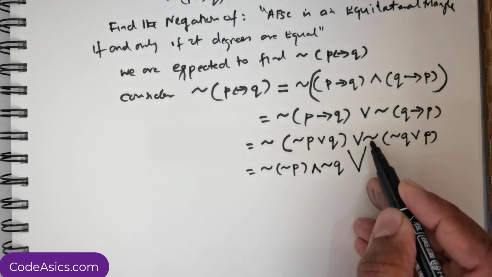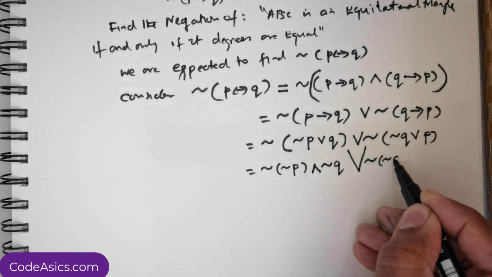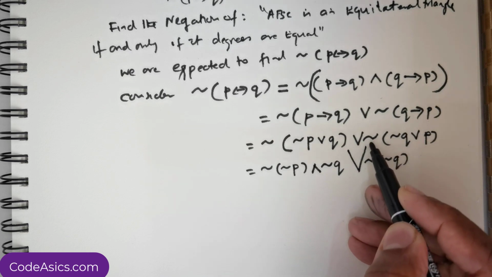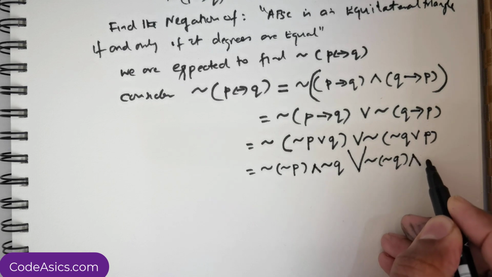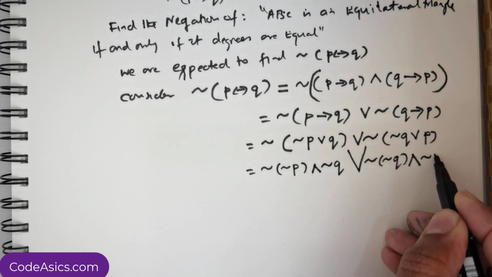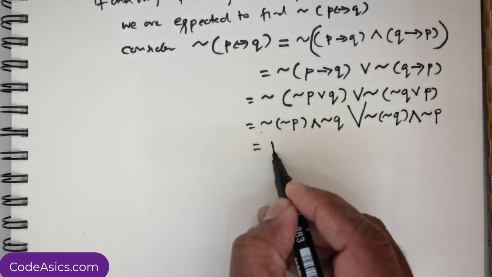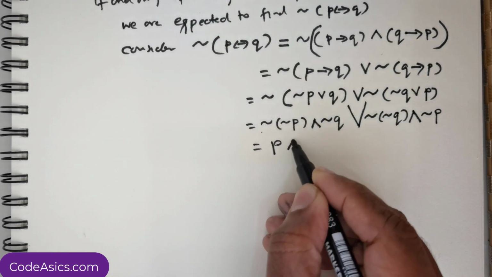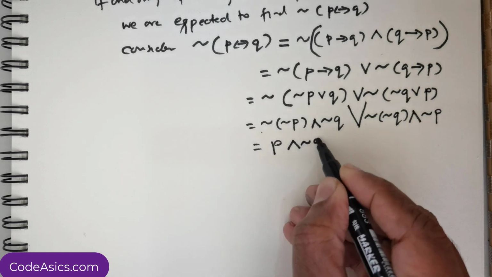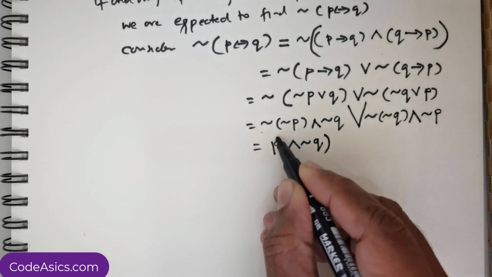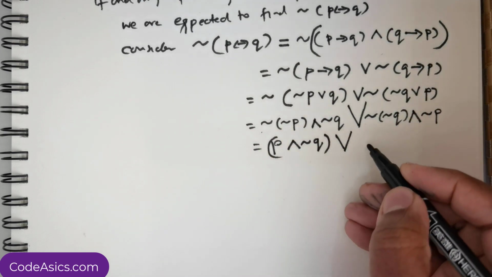Now I am distributing this negation inside, so that would be negation of Q. I apply the negation to the disjunction, that would make it a conjunction, and then I get negation of P. Now negation of negation P is equal to P. This is a conjunction, and I've got a negation of Q. I place it in parentheses. I got a disjunction.